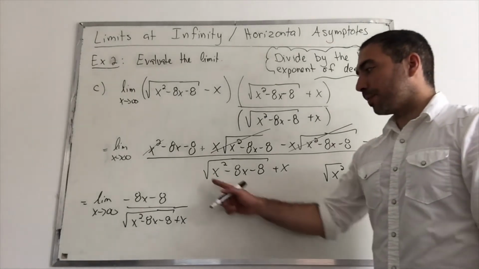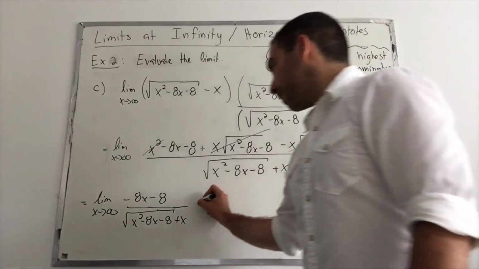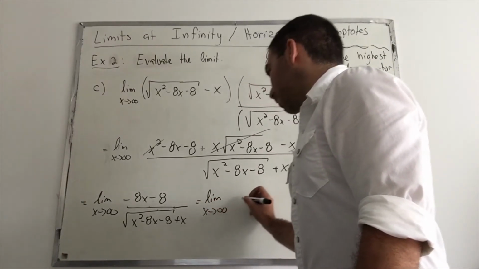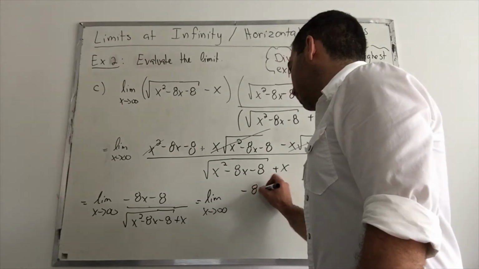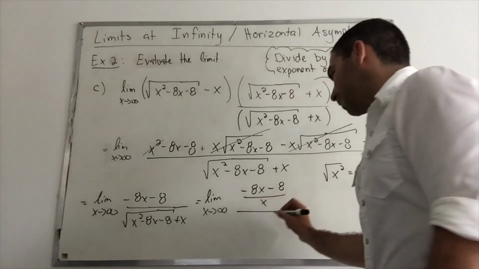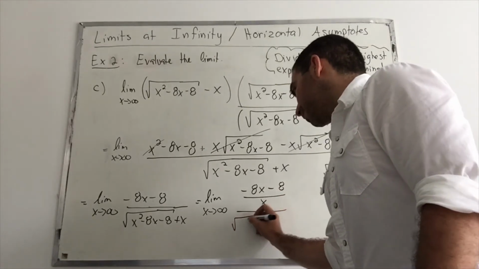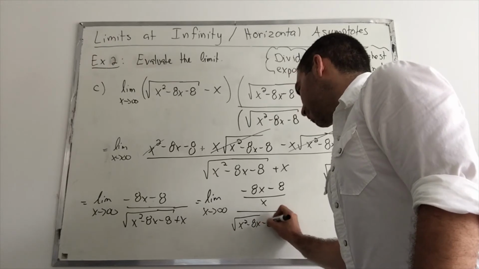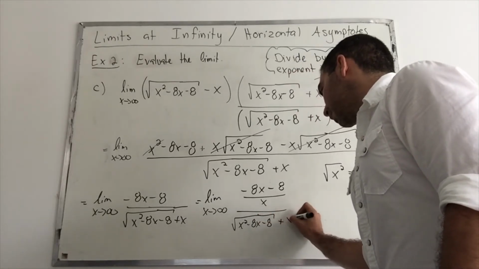So if we divide the top and the bottom by x, we get the limit as x goes to infinity of negative 8x minus 8 over x over square root x squared minus 8x minus 8 plus x over x.